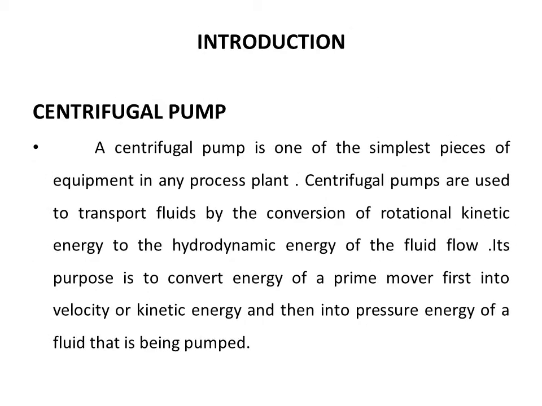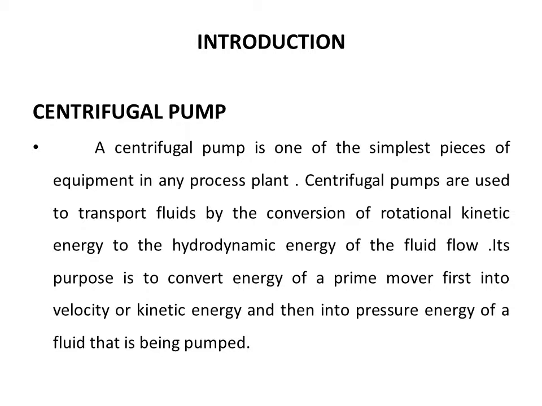Introduction. Centrifugal pump. A centrifugal pump is one of the simplest pieces of equipment in any process plant. Centrifugal pumps are used to transport fluids by the conversion of rotational kinetic energy to the hydrokinetic energy of the fluid flow.